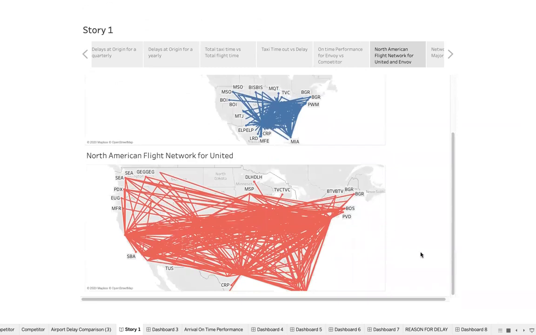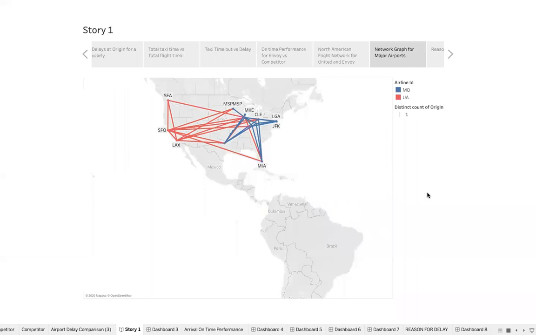Whereas Envoy Air is spread out throughout the United States, and it is operating on both the East Coast as well as the West Coast. And this is again a network graph depicting the major airports.